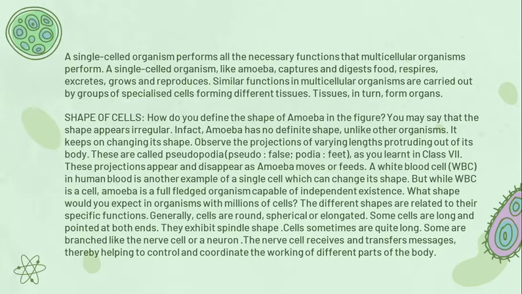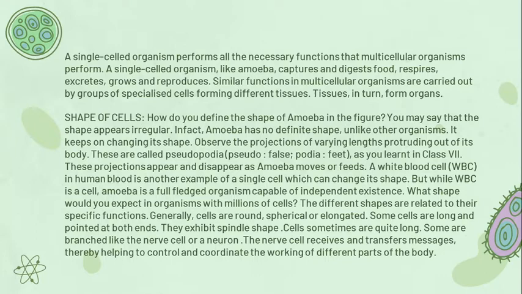Pseudo means false, podia means feet. False feet. Repeat in your mind that pseudo means false and podia means feet. These projections appear and disappear as amoeba moves or feeds.